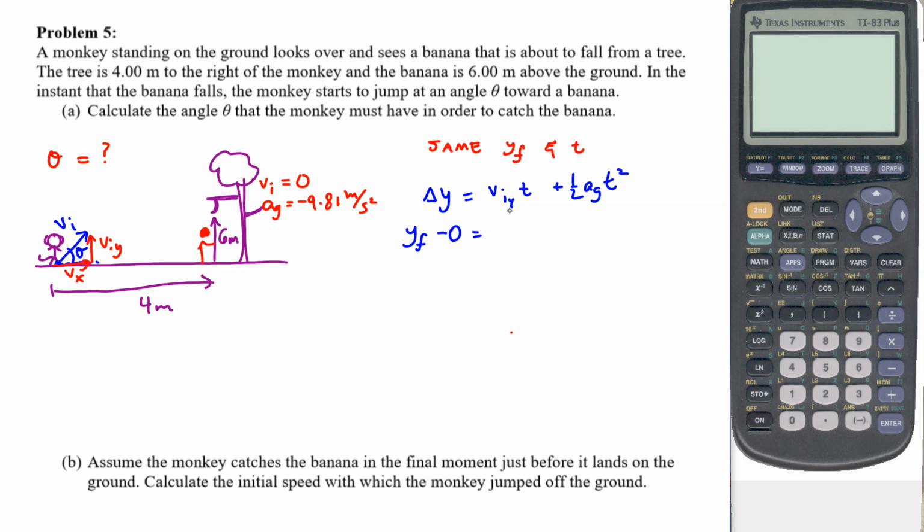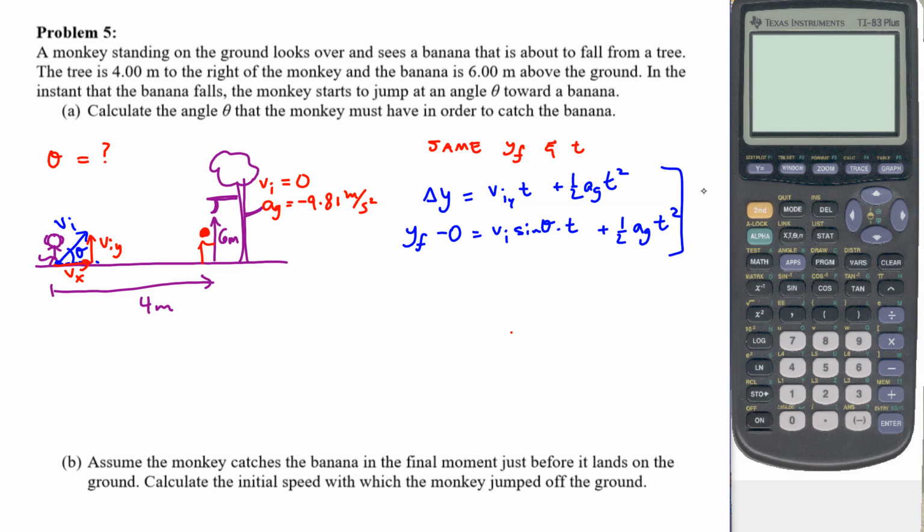The monkey's initial velocity, on the y-axis, is just the total velocity, sine theta, multiplied by time, and then plus 1/2 ag t squared. That's about as far as we could get. We could plug in ag, the acceleration due to gravity, but it's not really going to get us any farther. So let's just pause there and turn to the banana.